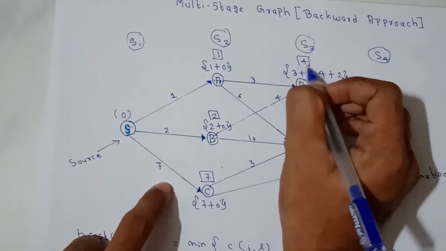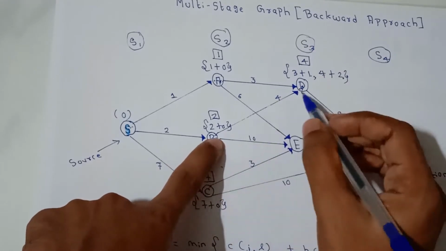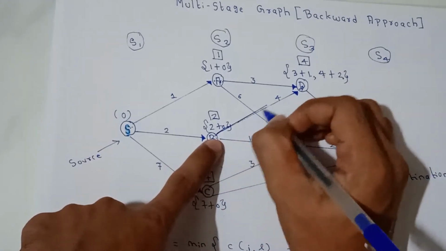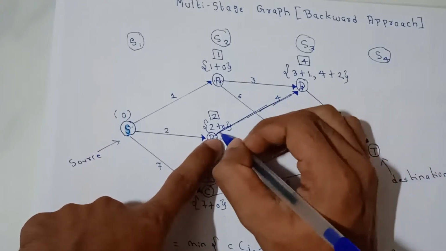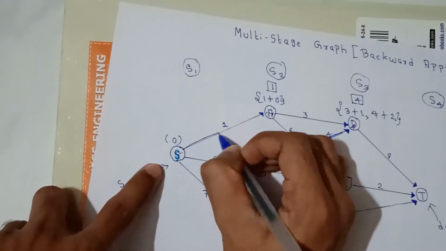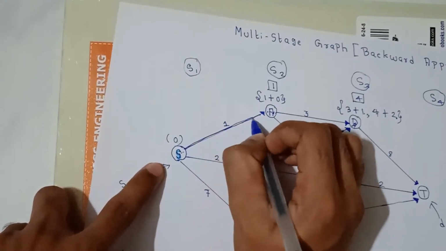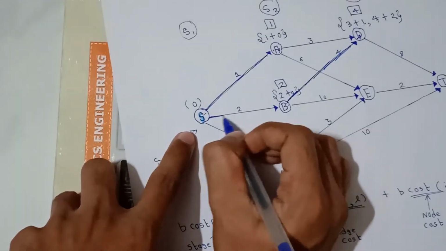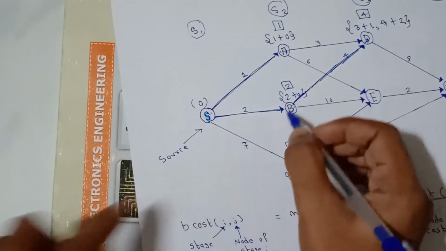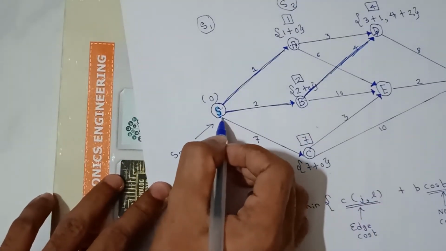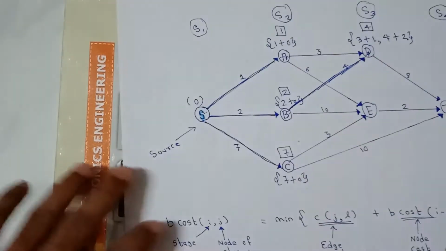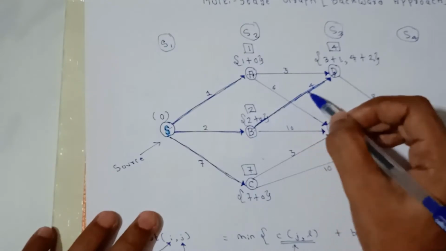So we will select this path from A to D, and we will darken this path like this, right? In the same way we will also darken the path S to A, and also S to B, because there is only one path for reaching node B as well as C, right? So in this way we have to darken the path.